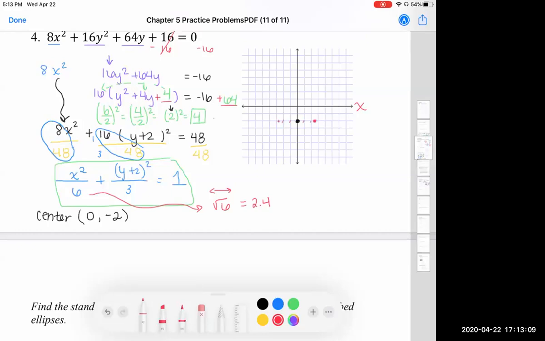So let's label our points. My center is 0, comma, -2. And then my major axis, because it's a bigger number, is, so I move 2.4 units left and right. So I have 2.4, comma, -2. And -2.4, comma, -2.